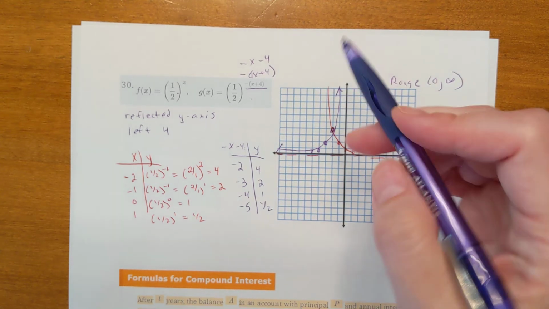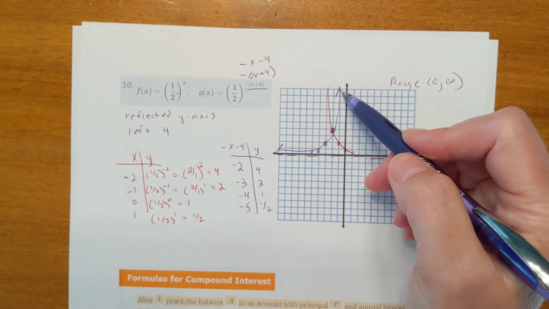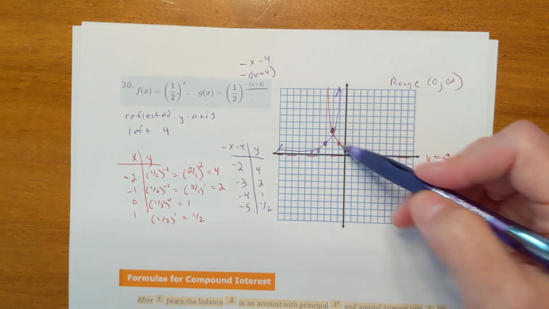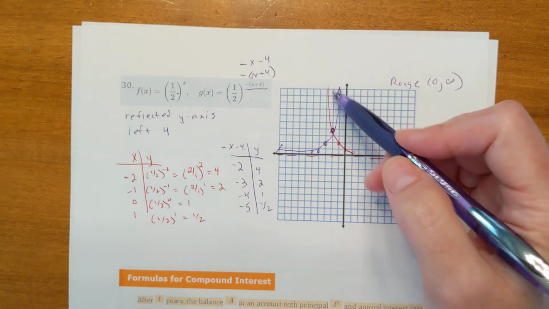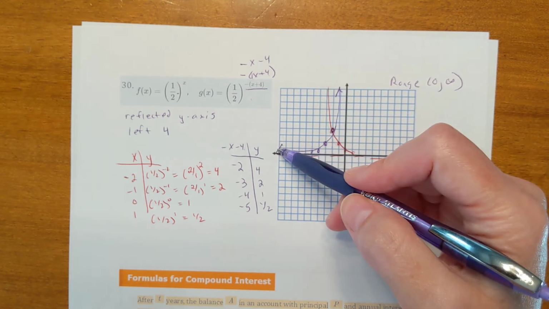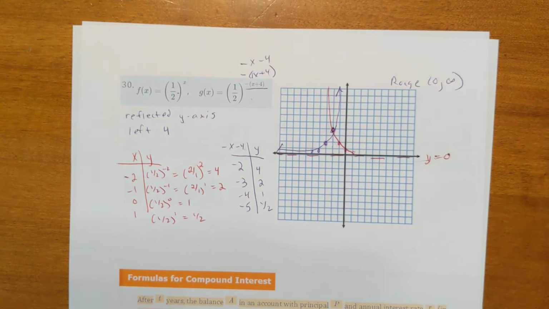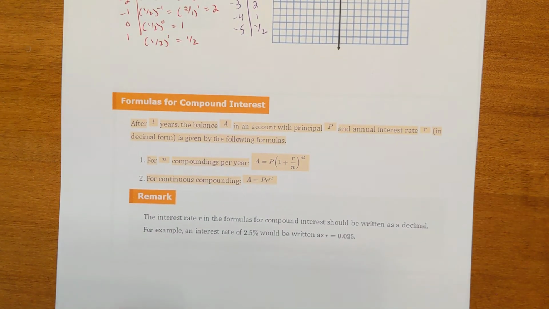I guess it's kind of fun that the purple one here, the new one, is increasing from negative infinity to infinity. The red original f function is decreasing from negative infinity to infinity because it's going downhill left and right. So this one's going uphill, so positive or increasing. Kind of interesting.